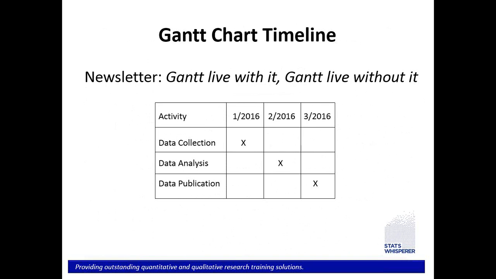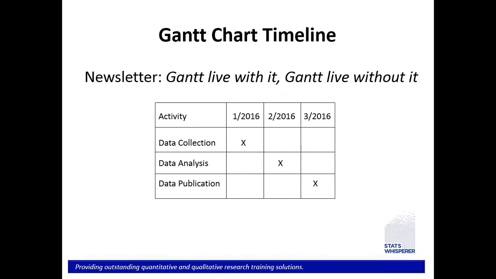Okay, so you see on the left-hand side, we have the activities listed, such as data collection, data analysis, data publication, the activities for almost any study. Then on the upper row, we have the dates that the study will be active. And it's 1/2016, 2/2016, and 3/2016. Then in the intersecting boxes, right, where the activity occurs in the appropriate time period, we put an X. So data collection occurs with the X under 1/2016.